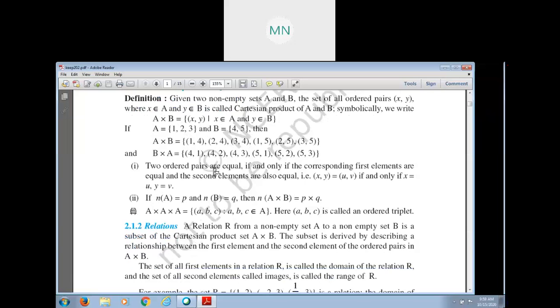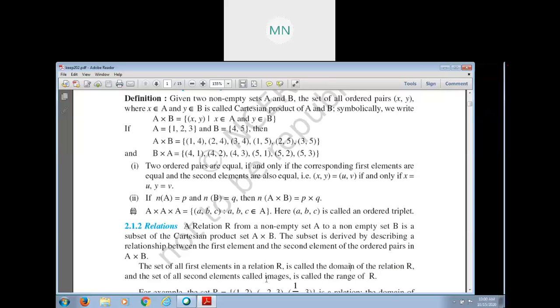Suppose we consider two non-empty sets A and B. A relation R from set A to B is a subset of the Cartesian product A cross B. The first set is called the domain of the relation, and the second set is called the codomain.